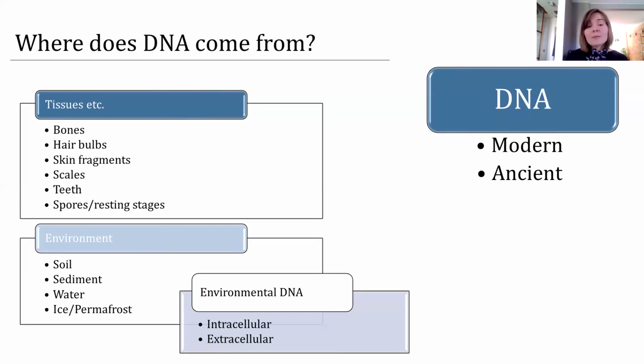So the DNA that is outside the tissue, outside the cell, and it can be just in the environment, or it can be bound to other particles, like sediment particles, for example. So environmental DNA is quite a complex structure.